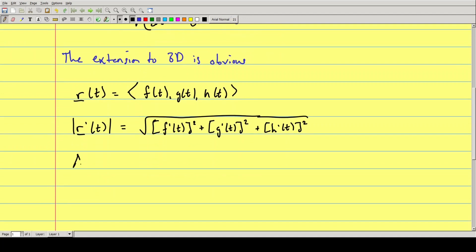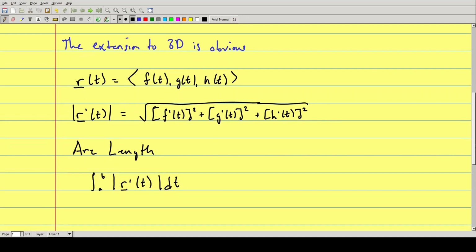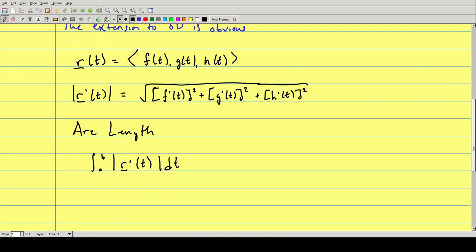And so what we get is this. Arc length is defined as the integral from a to b of the magnitude of r prime of t dt. Okay.